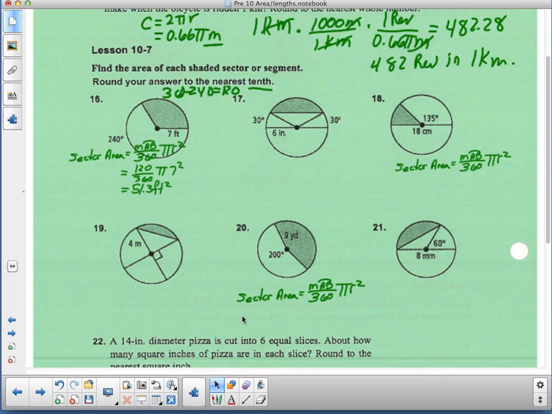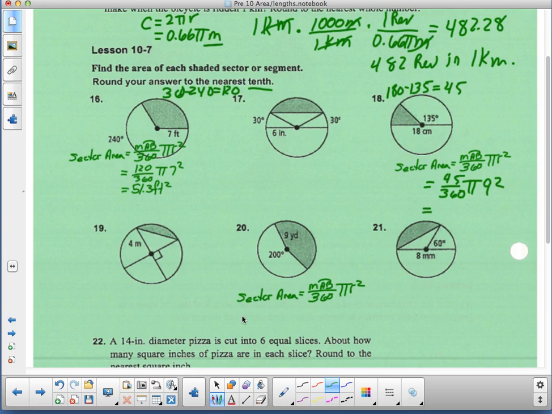So here's the deal. These 3 that I have set up in green are all the same. Sector area, I've got, this is 135, 180 minus 135 is going to give me 45. So I got 45 out of 360 pi 9 squared. Okay, there.